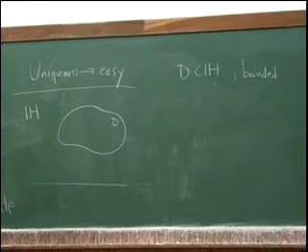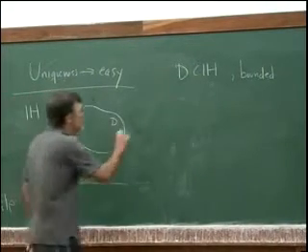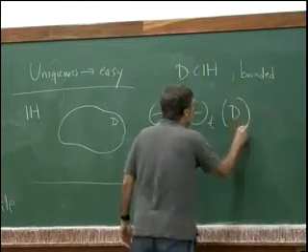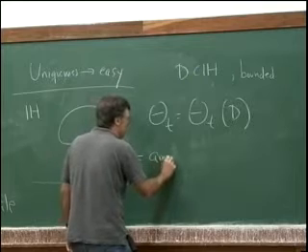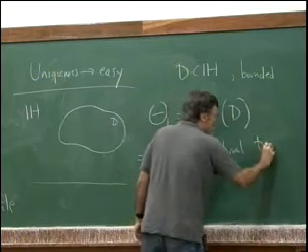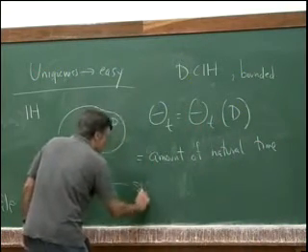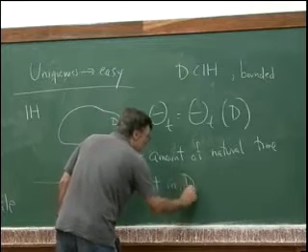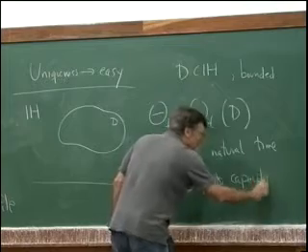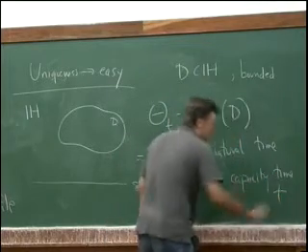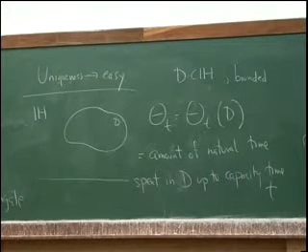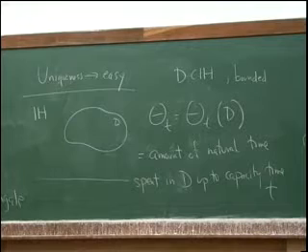And instead of considering theta infinity, I'm going to consider theta t, which depends on D, which is the amount of natural time spent in D up to capacity time T. I won't keep writing theta T of D, but these really should have this.